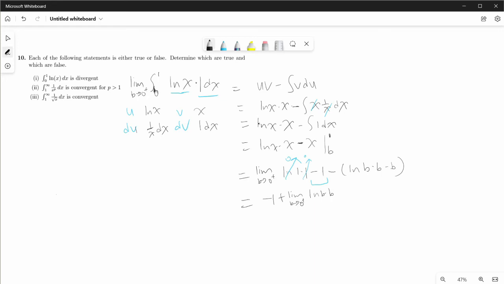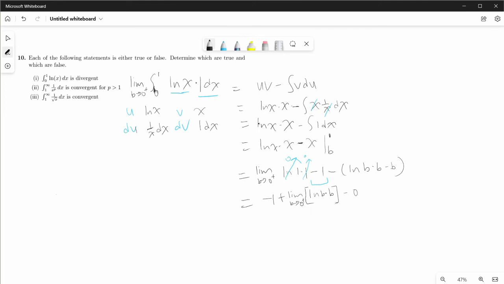For the minus b part, I can just say that's just 0, minus 0. But I'm really concerned with this part because I don't know what this is. If you plug in 0, it's ln 0, that's still negative infinity times a 0. Infinity times 0 is not very pleasant, and we don't know what that is yet. And the best way to solve this is with L'Hopital's rule.